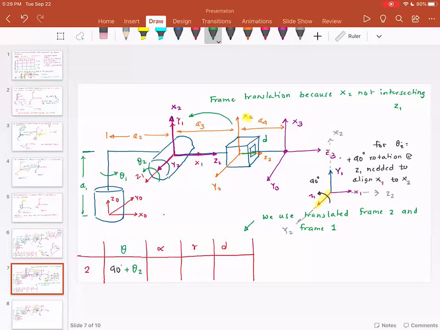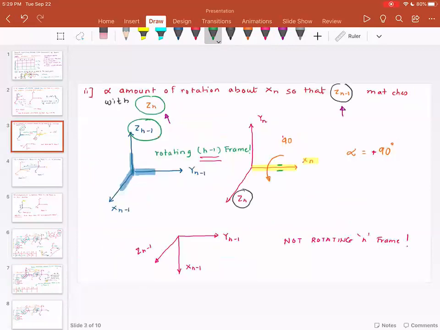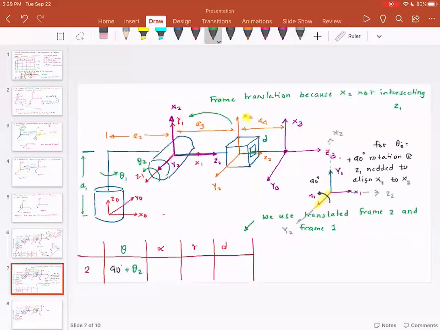Now let's look at the alpha. The rule for alpha is the amount of rotation that is needed about xn so that the zn minus 1 matches zn. So the amount of rotation about xn, and in this case xn is nothing but x2.